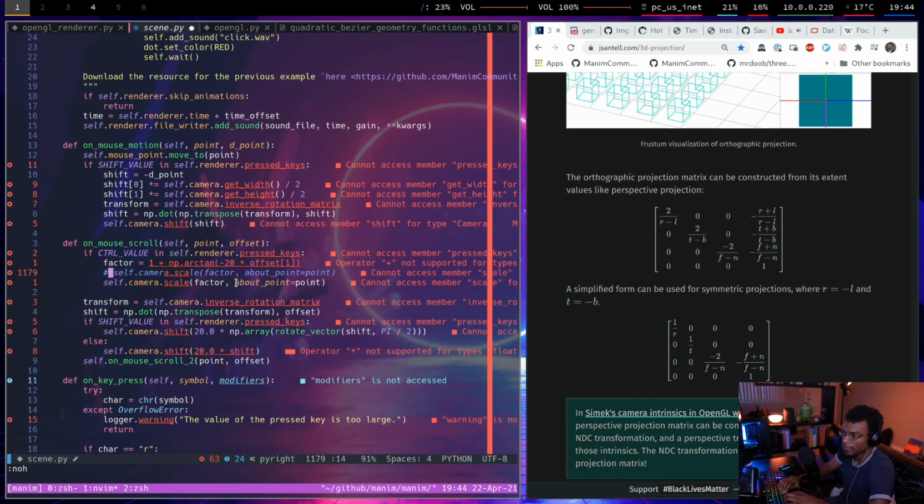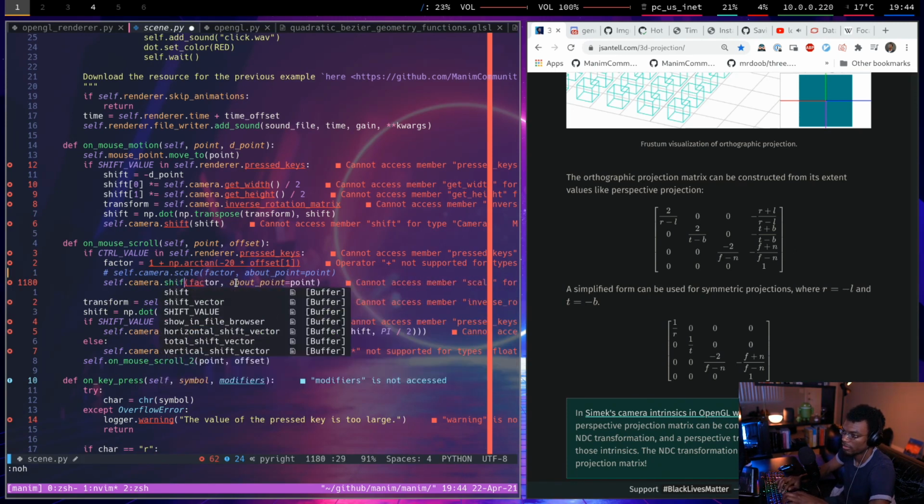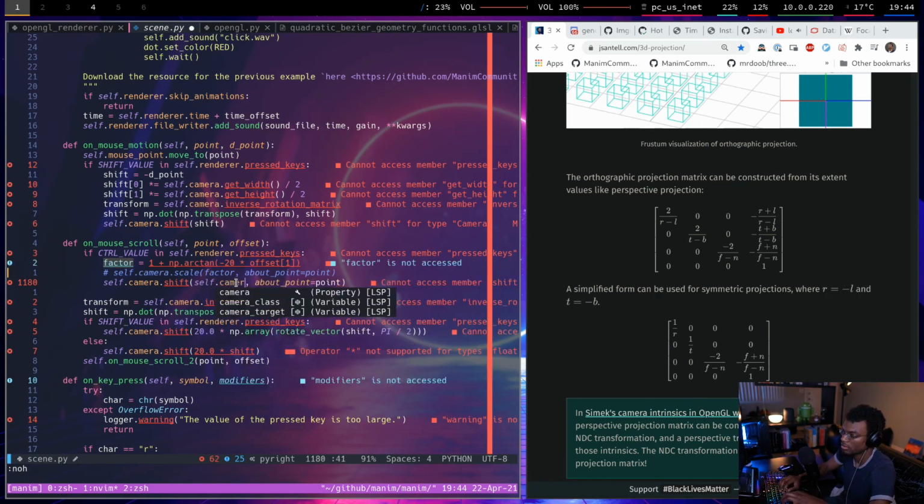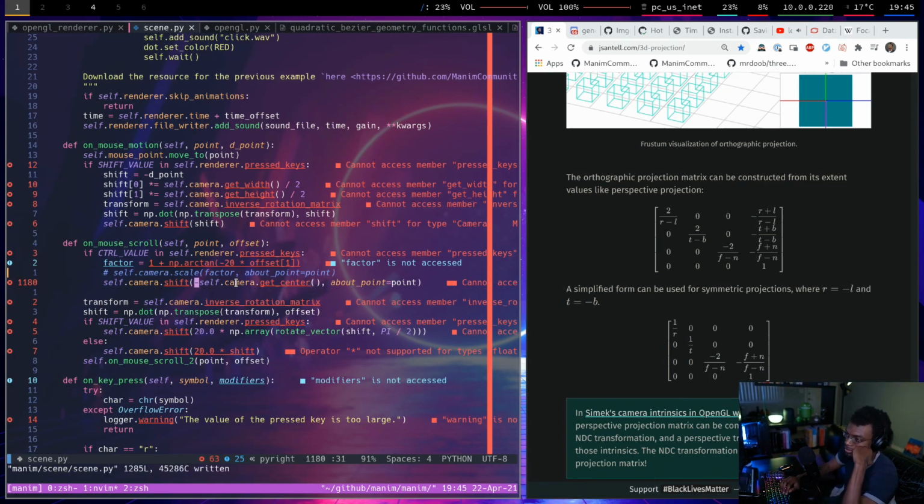Okay, here we go. Shift. And then I'd have to do self.camera.get center. Negative that. This is going to be the origin minus the camera center.